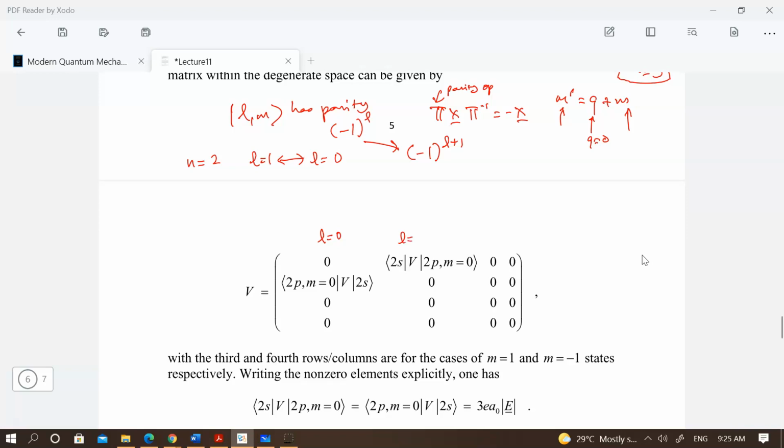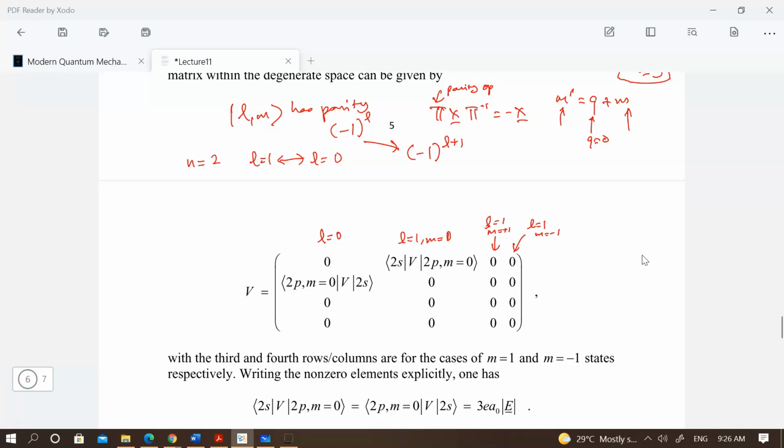This is l equals 1, m equals 0. The other two are l equals 1, m equals plus 1, and l equals 1, m equals minus 1.